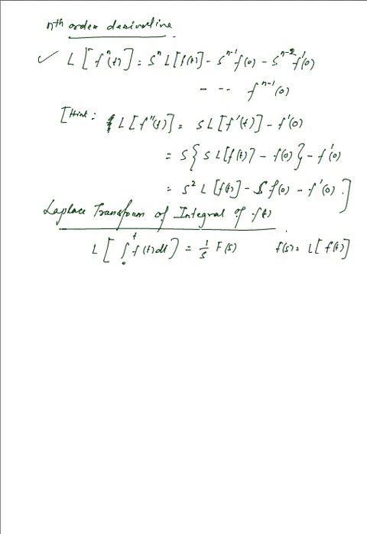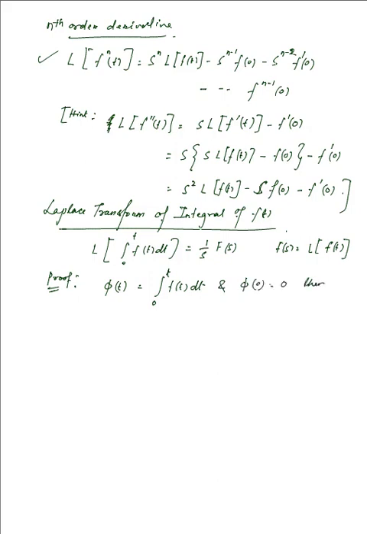So let's prove it if we can. Let us take phi of t to be equal to the integral of f of t dt taken from 0 to t. And we have phi at 0 equal to 0.